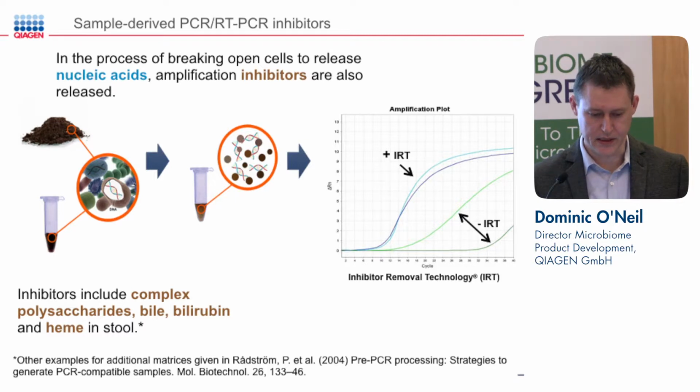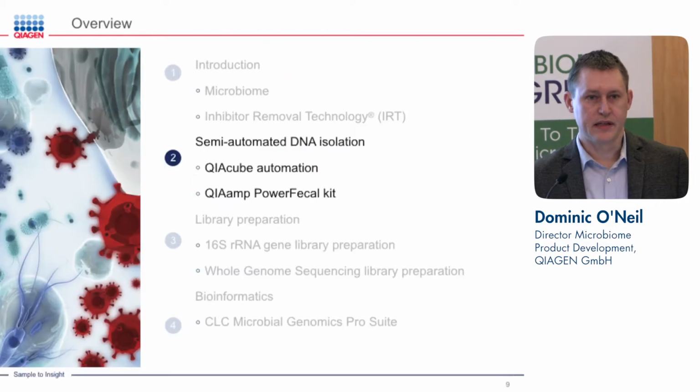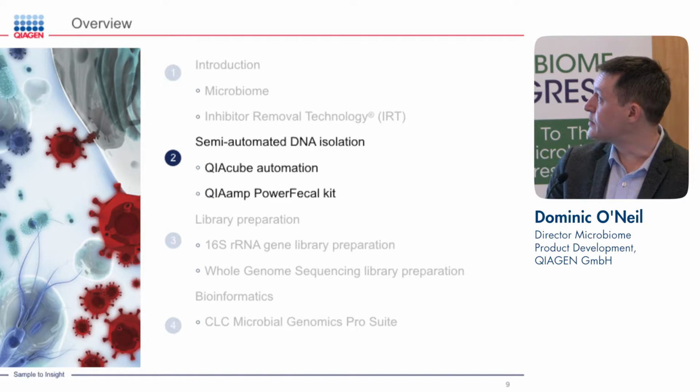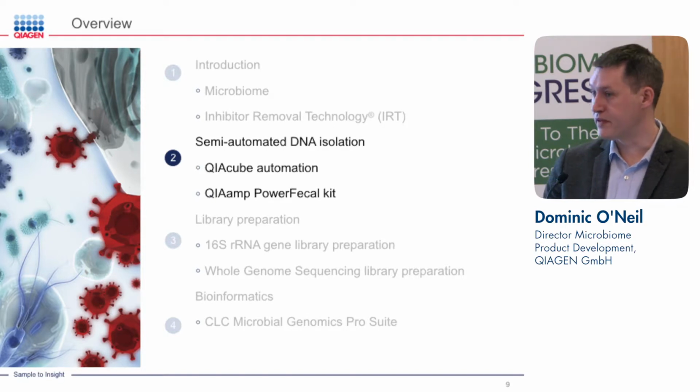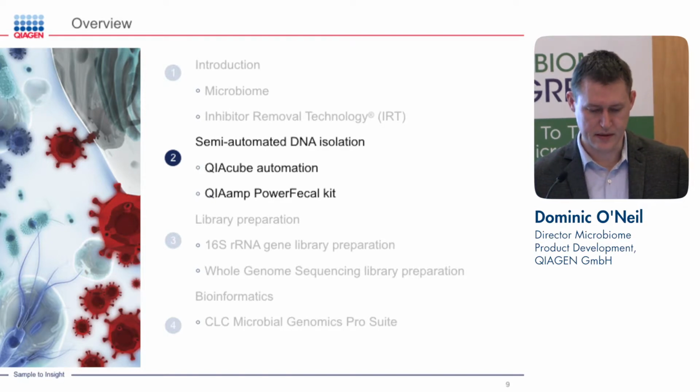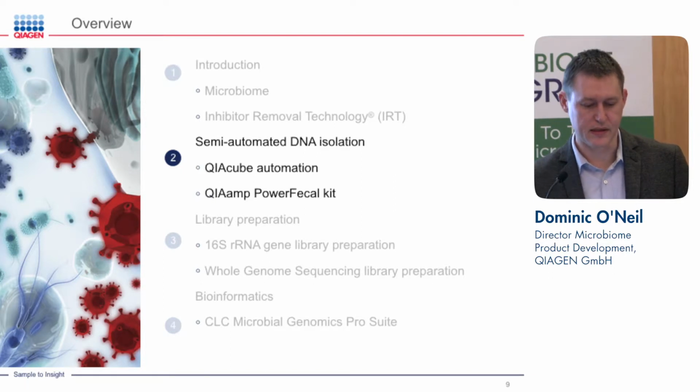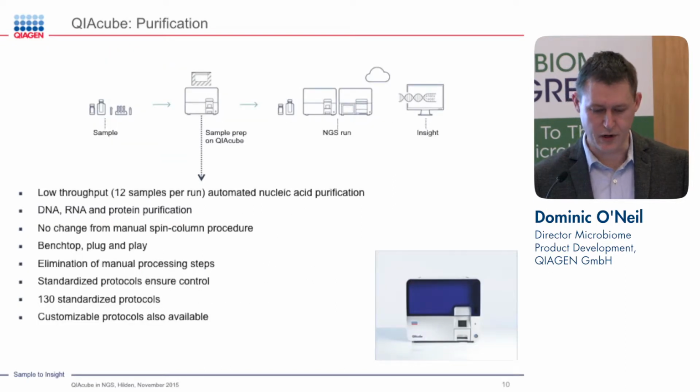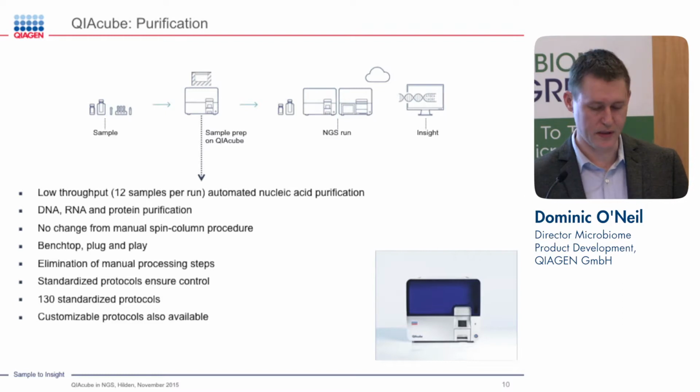So to work out that we can do an entire microbiome study using Qiagen solutions, we did here a semi-automated DNA isolation. We chose the QIAamp PowerFecal Kit. This is a kit that incorporates the inhibitor removal technology. It is also automated on the QIAcube. For those of you who are not familiar with the QIAcube, it's a benchtop instrument.